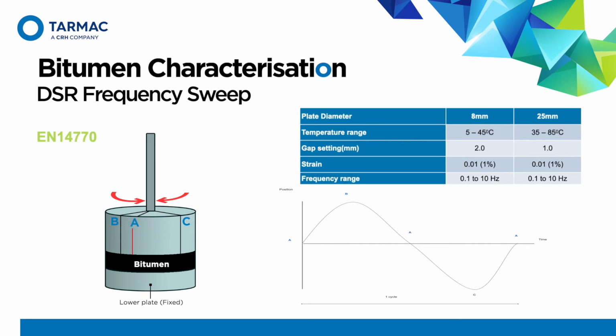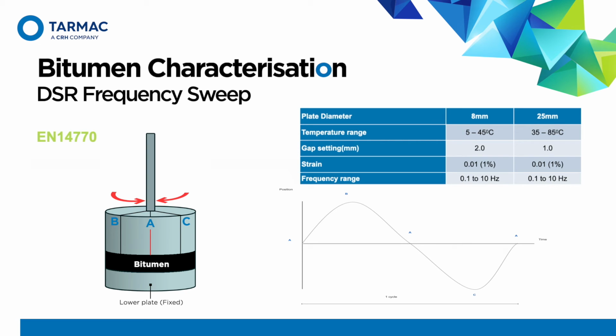different temperatures. For the frequency sweep test, typically the temperature range is between 5 to 45 degrees with the 8 millimeter diameter plate, and from 35 to 85 degrees with the 25 millimeter diameter plate.